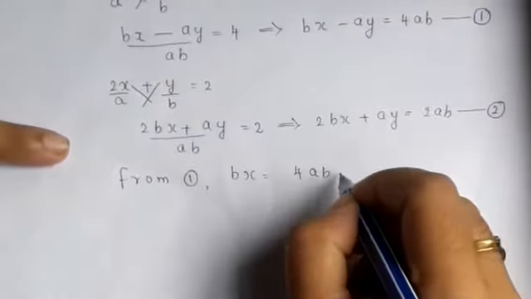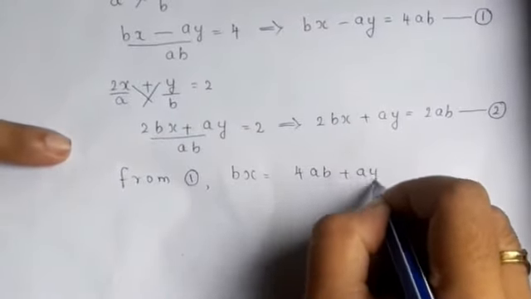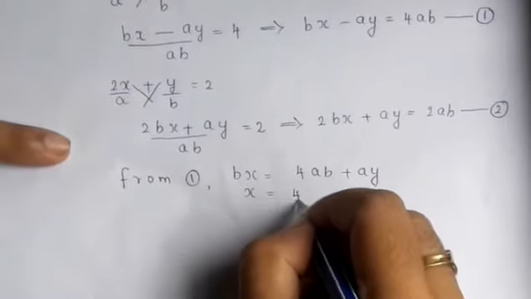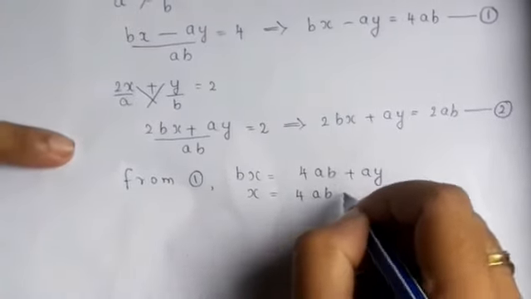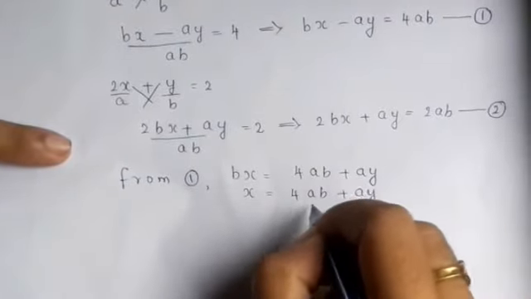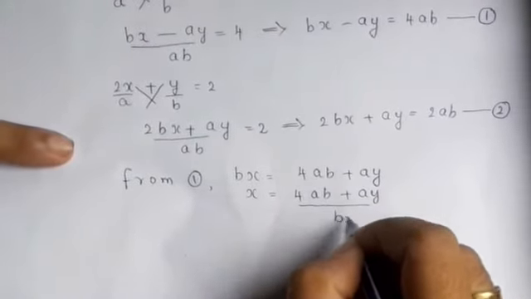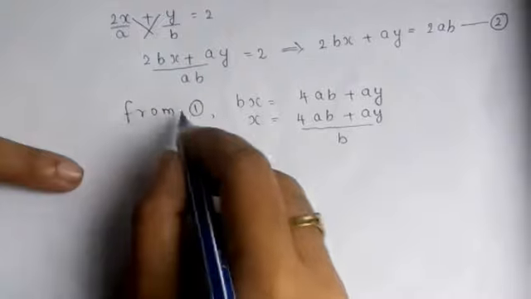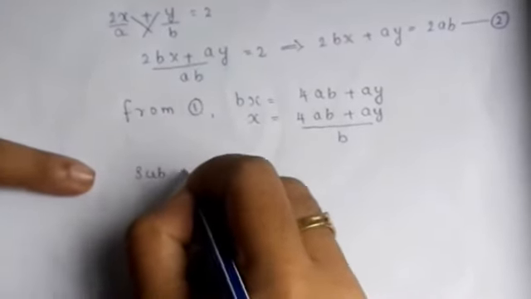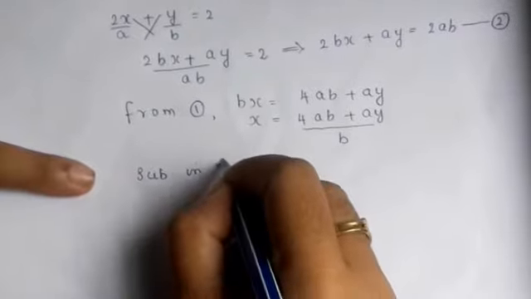When you transpose to the right side, it becomes plus ay. So we require x. So x is equal to 4ab plus ay, all divided by b. Okay. So you selected from equation number 1, so you have to substitute in equation number 2.